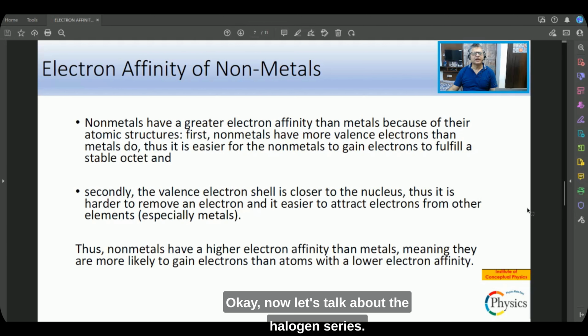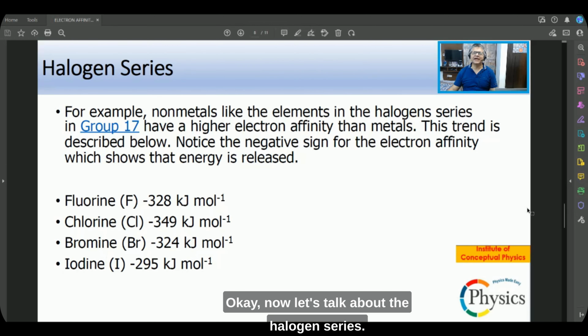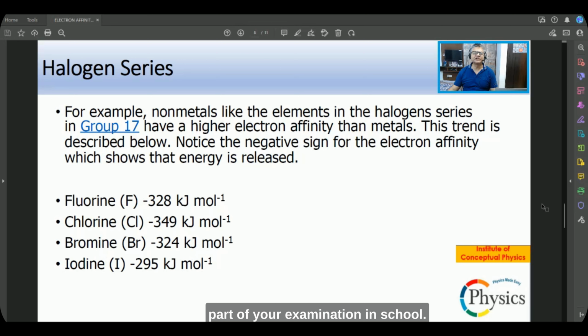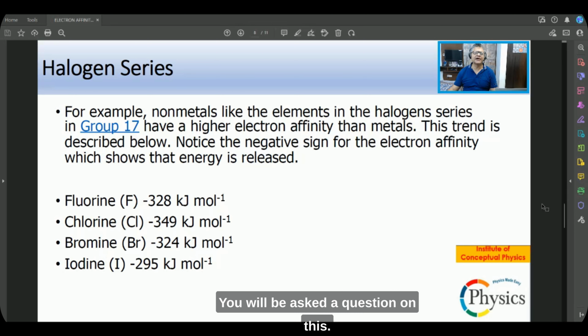Okay. Now let's talk about the halogen series. I will prepare a separate video because this has some exceptions which are going to be part of your examination in school. You will be asked a question on this. Now, if you notice fluorine, chlorine, bromine, and iodine, chlorine is exceptional actually, right?